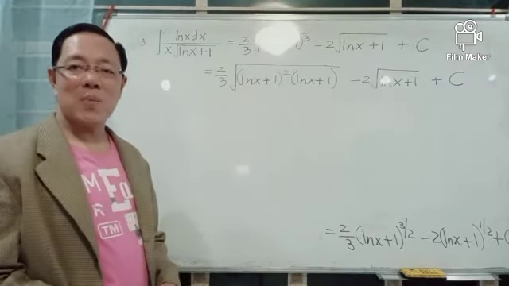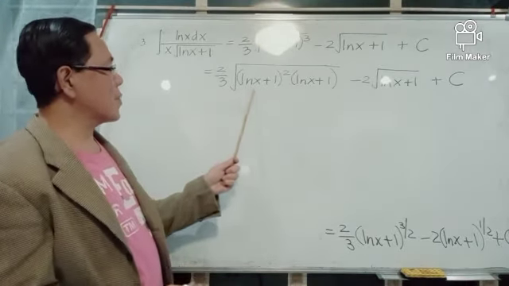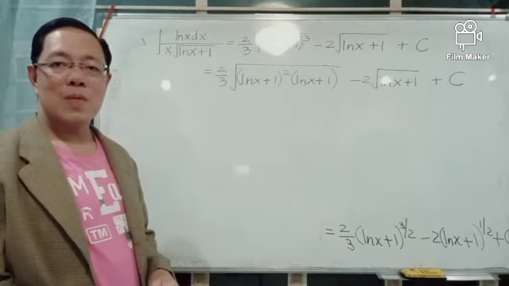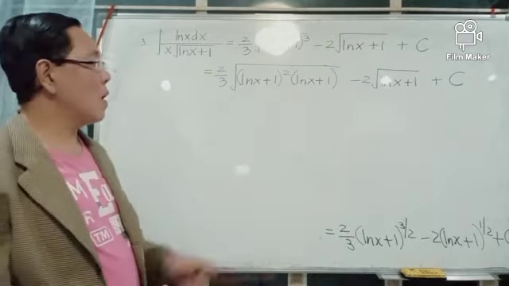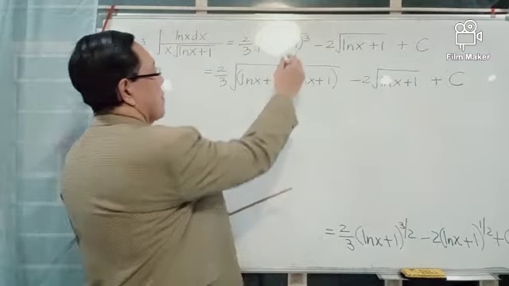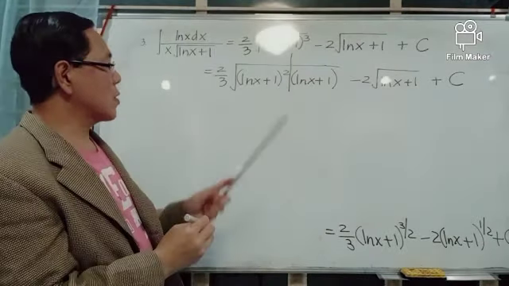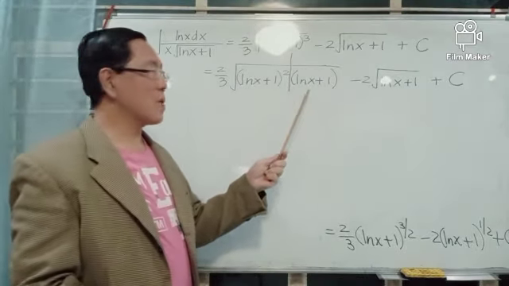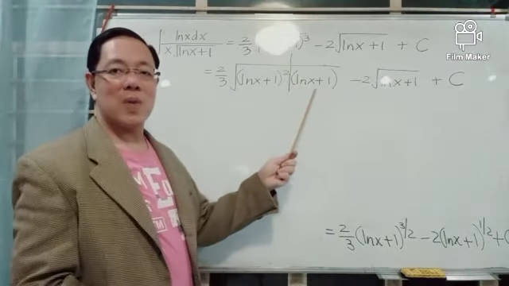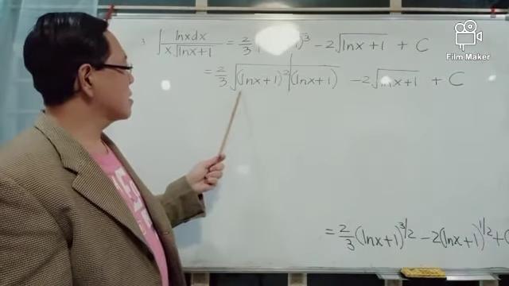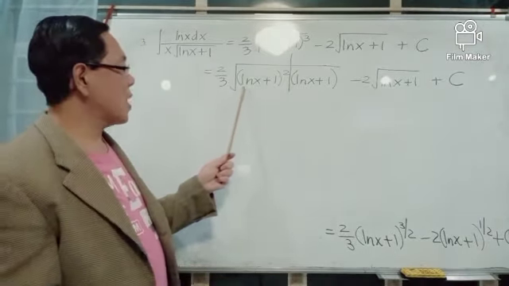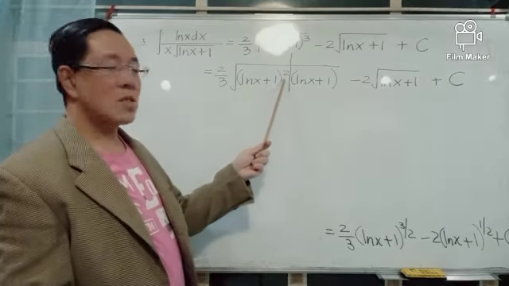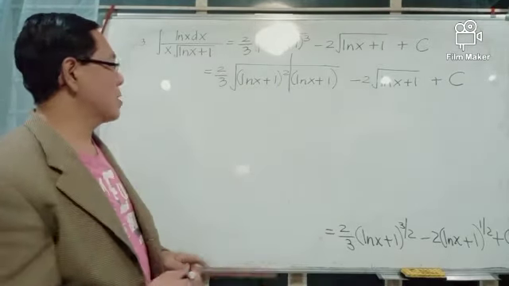Now, by property of radical, the root of this product is equal to the roots of ln x plus 1 squared multiplied by the root of ln x plus 1. But the square root of ln x plus 1 squared is ln x plus 1.